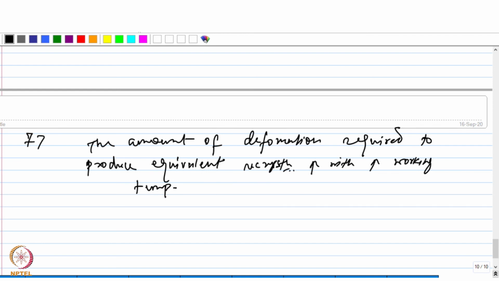So in proper term, you can say that the amount of deformation required to produce equivalent recrystallization increases with increasing working temperature, right? So these are some of the rules that govern the recrystallization process.